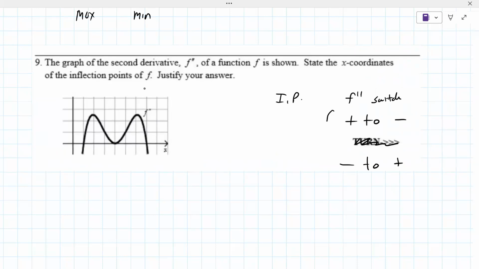So when you're looking at the graph, it has to cross the x-axis. That's the right word.